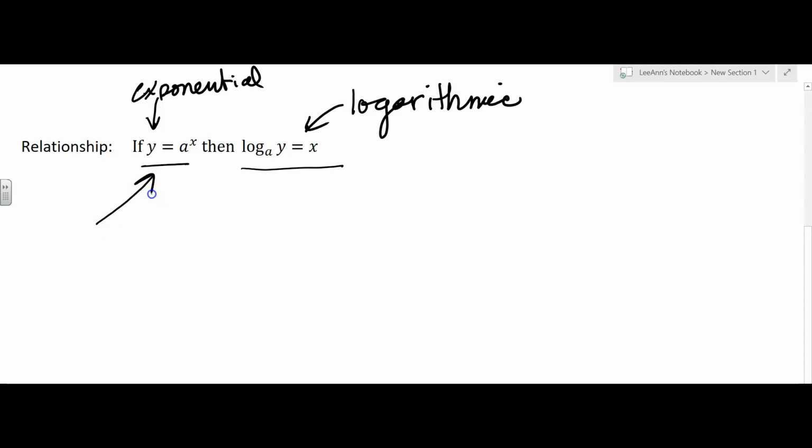Now, a little bit about the notation. The exponential equation, that we've worked with in the past, right? So we have the y, we have a base here of a, and then we have this exponent up here of x, all right? In a logarithmic equation, we have the abbreviation log, and we'll often say log.